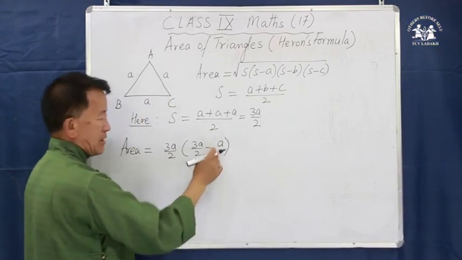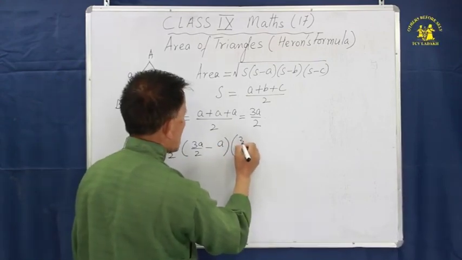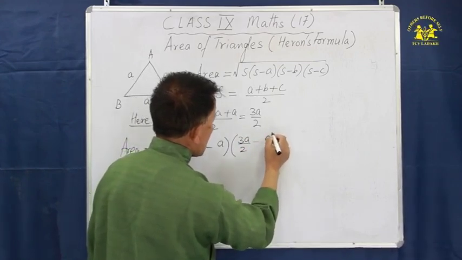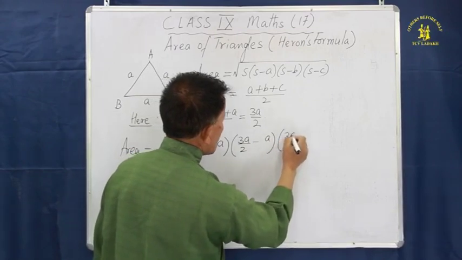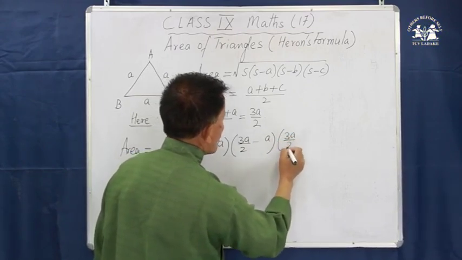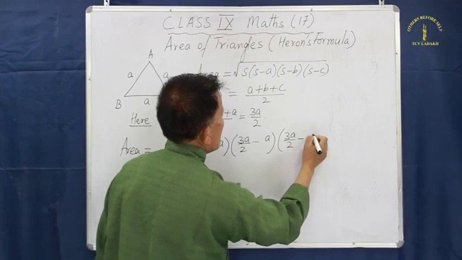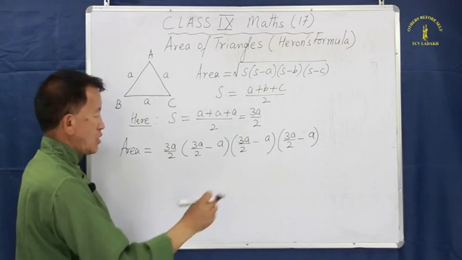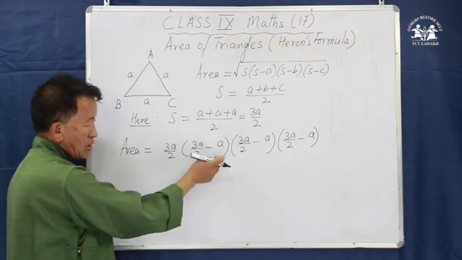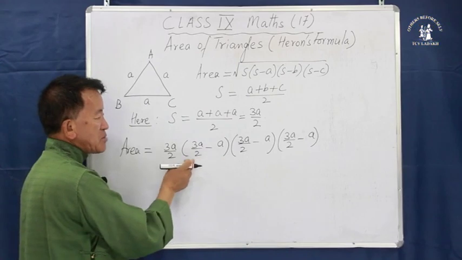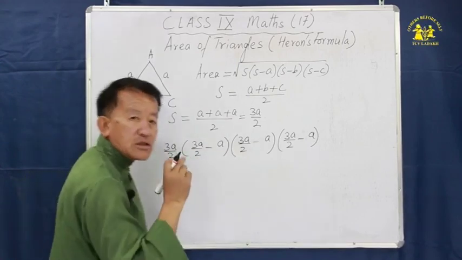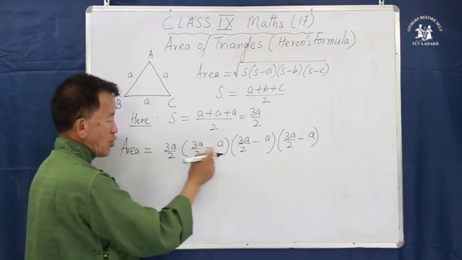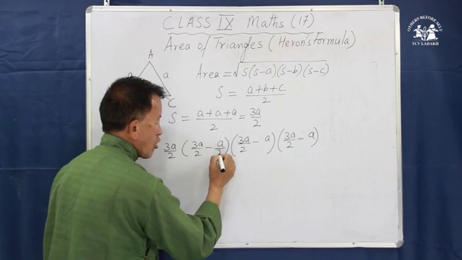Again 3A upon 2 minus A, again 3A upon 2 minus A. Now in this case A, B and C all are equal. Okay, now in order to simplify the terms inside the bracket we make sure that the denominators are same. So here the denominator is 2, so we'll try to make a common denominator.